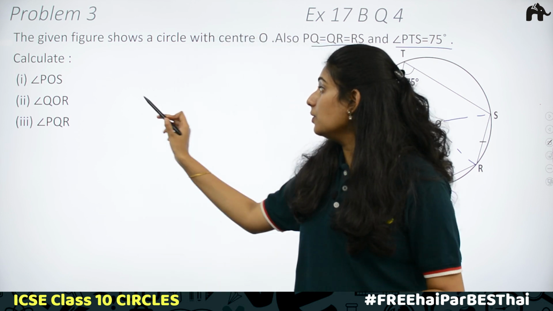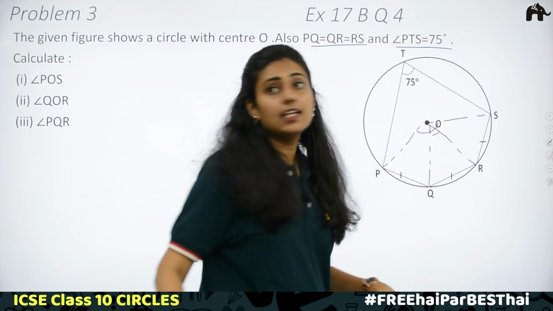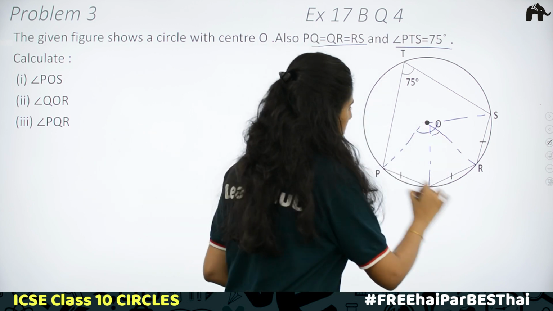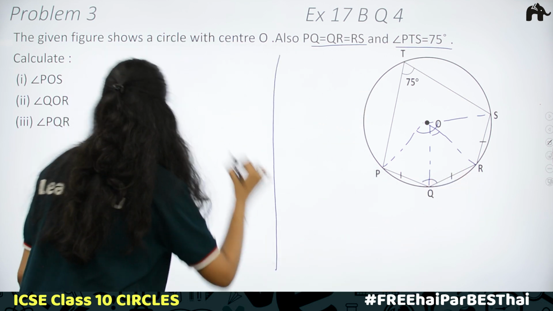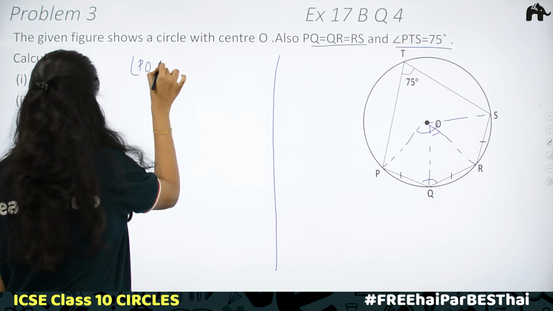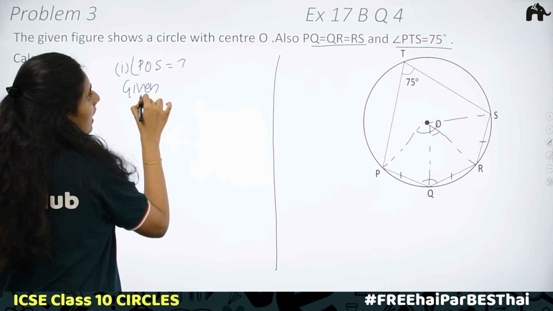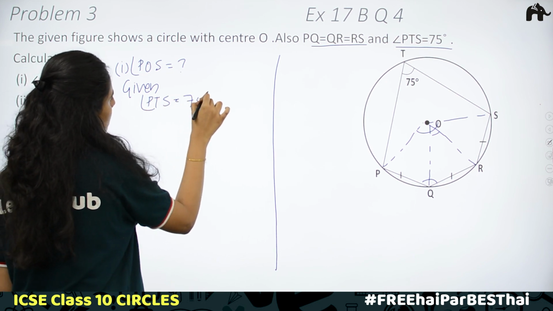Then QOR, the small angle, and PQR is this angle. So, first we have to find angle POS. Okay, given angle PTS is equal to 75 degrees.